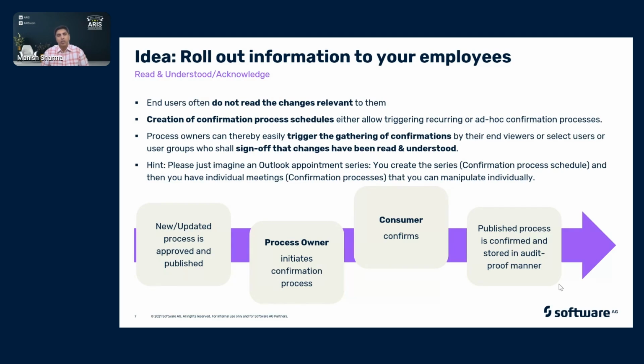So if you're using ARIS process governance for managing the life cycle of your process, every time a new process is published, we could perhaps initiate a confirmation process, which goes out to all the people that are following a particular process, and they receive the notification to confirm that they have understood the new version of this process that has been published.